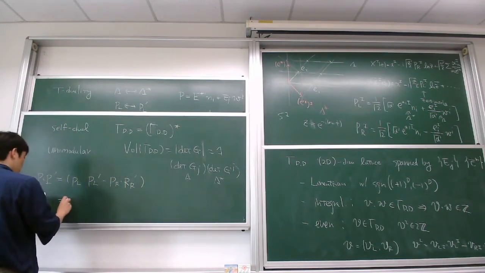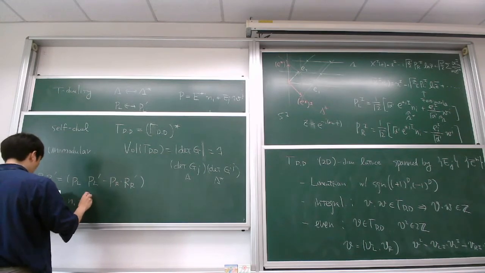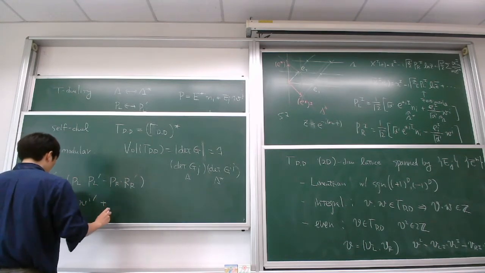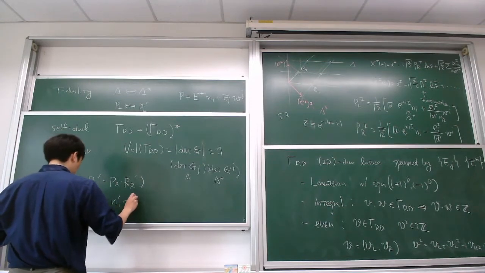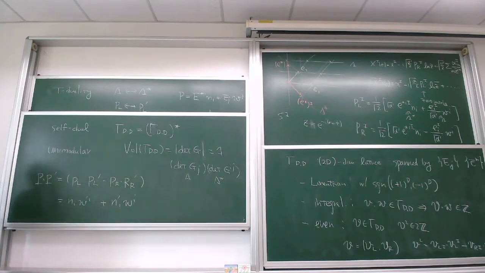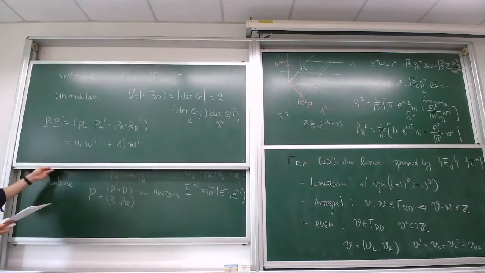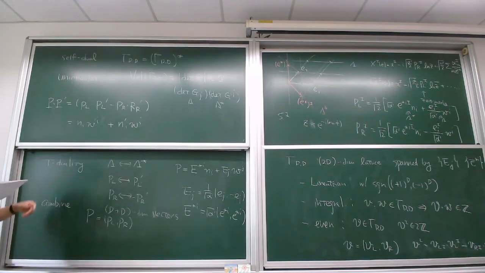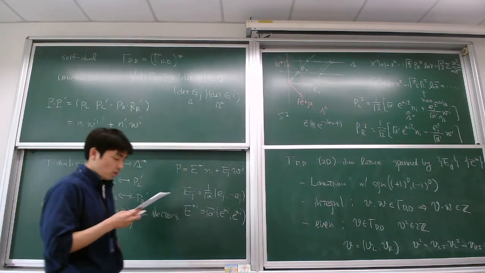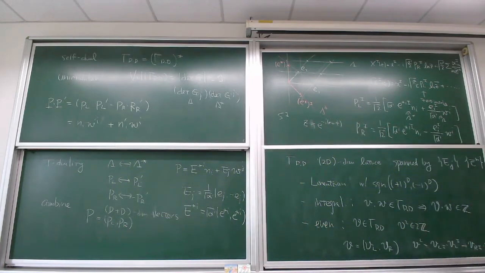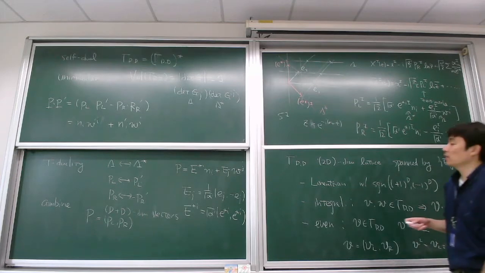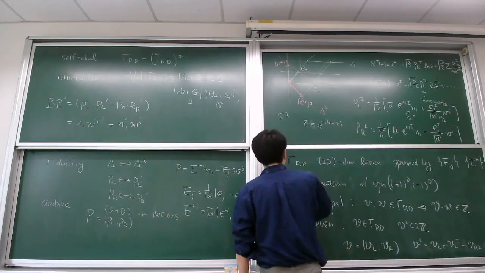This is equal to n_i w_i prime, and then n prime_i and w_i. So that's the inner product, which is the typo in the lecture note. Okay, and then this gamma d,d is called the Narain lattice.